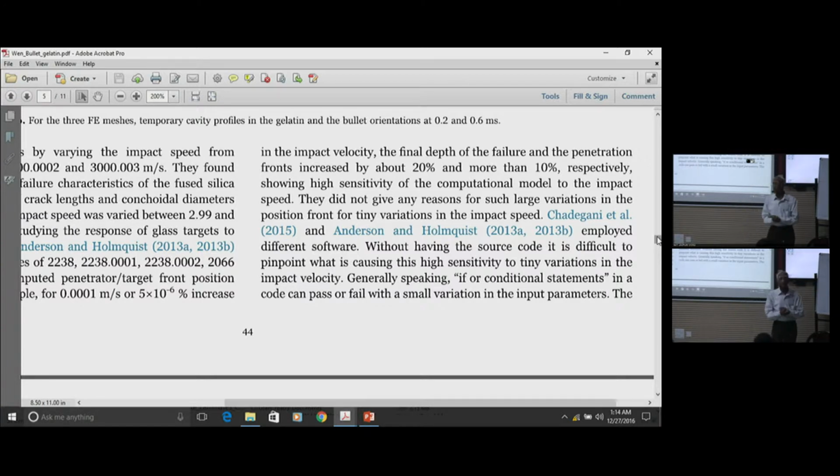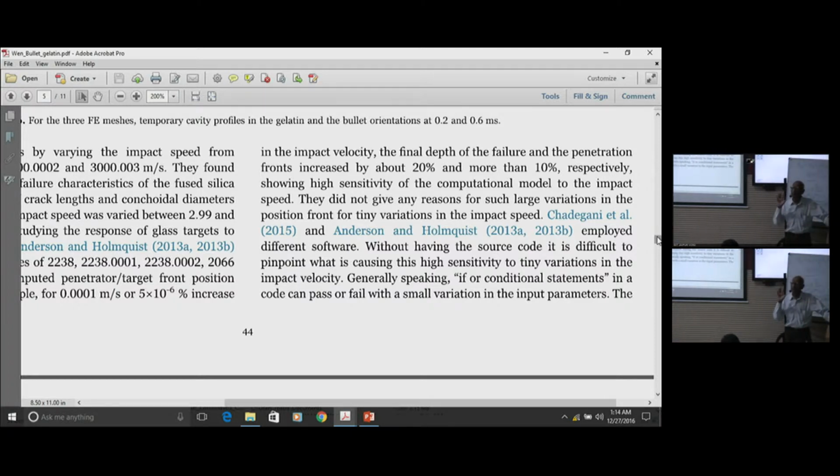Okay, so now let me talk about the zero energy deformations, like the hourglass control stuff that I just mentioned in the beginning.